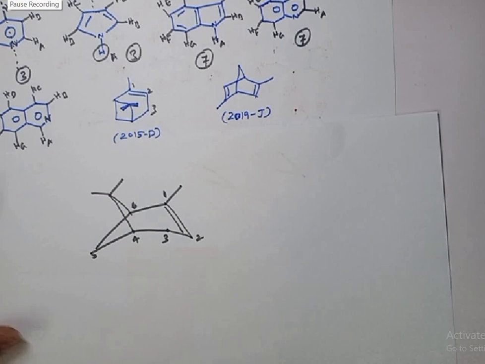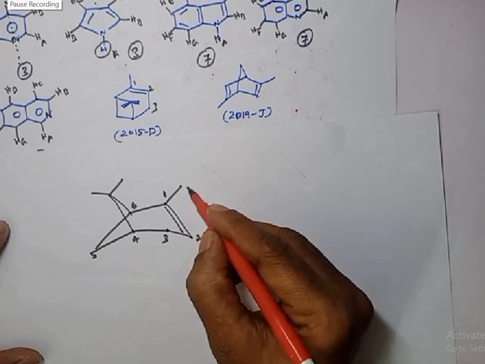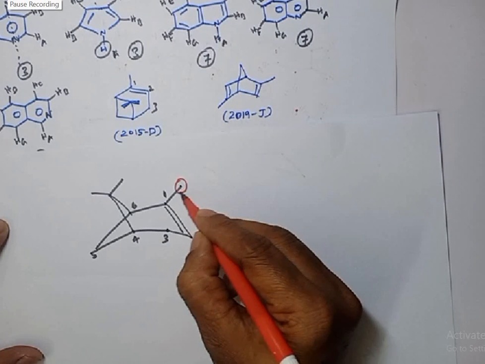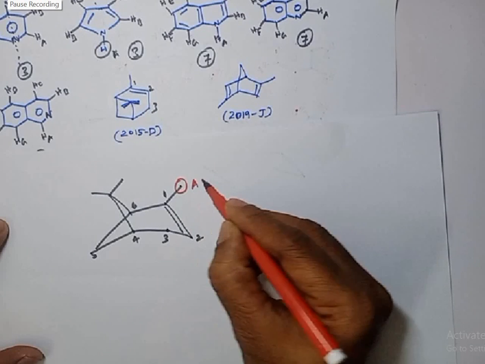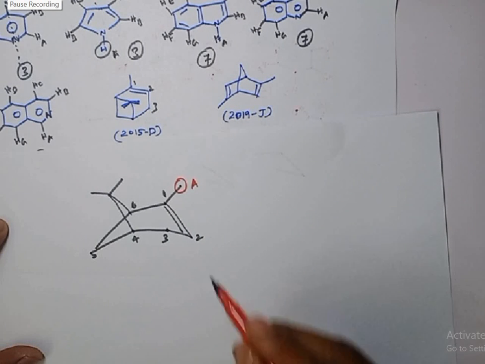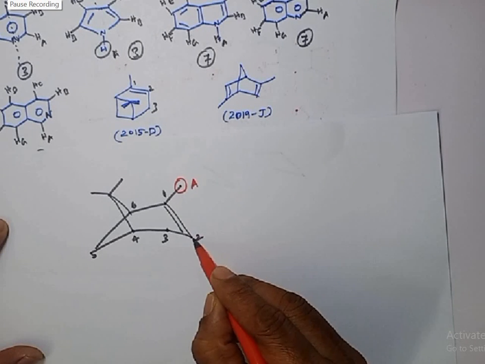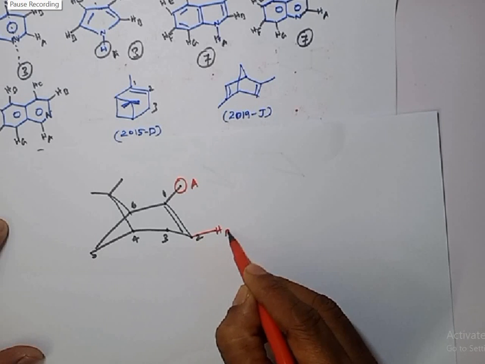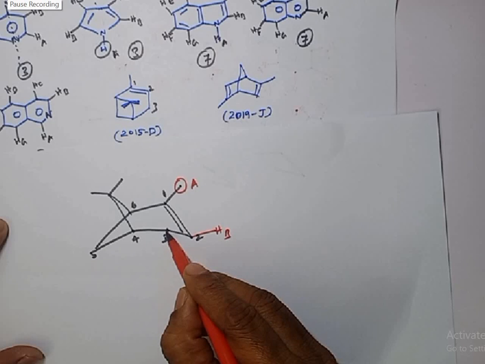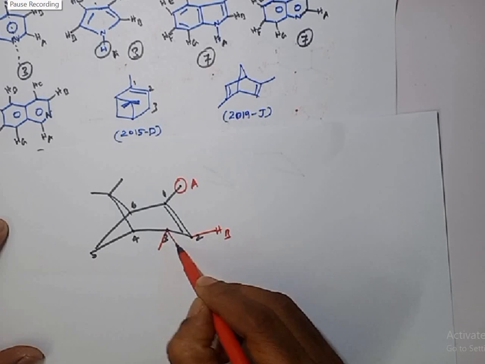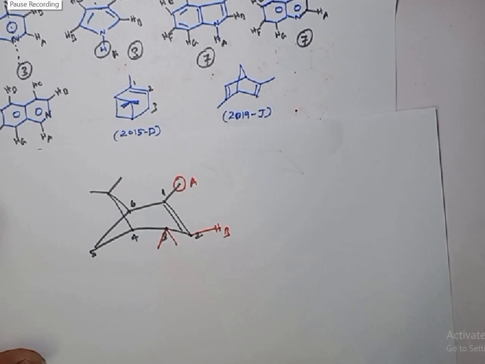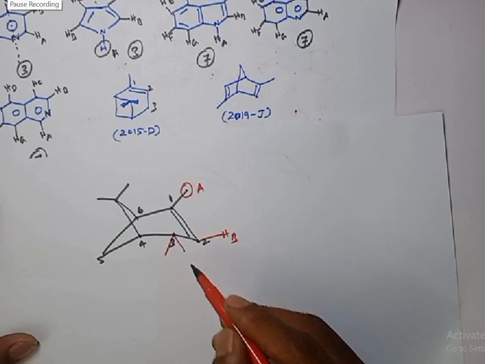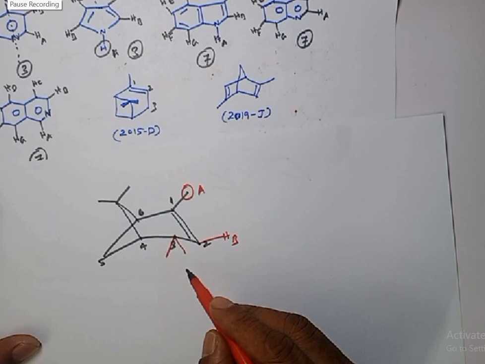Now, how many different types of protons do we have? See, here I have a methyl group, and all the hydrogens are in the same environment, so we'll get one signal for that. Then here I have a hydrogen. That hydrogen will give one signal. So it will show like this, HB. And here we have two hydrogens, right? They'll give one signal.